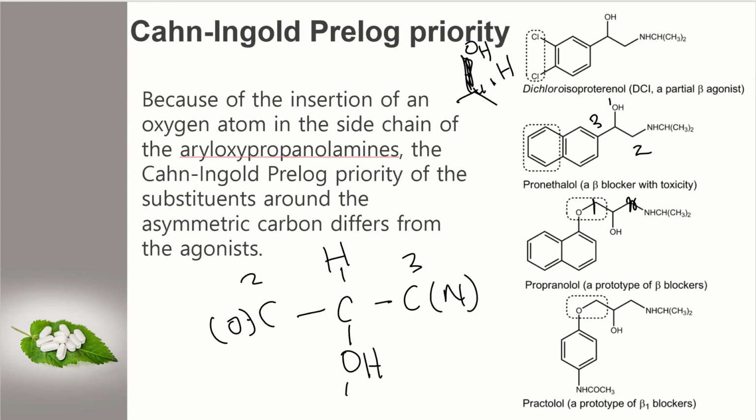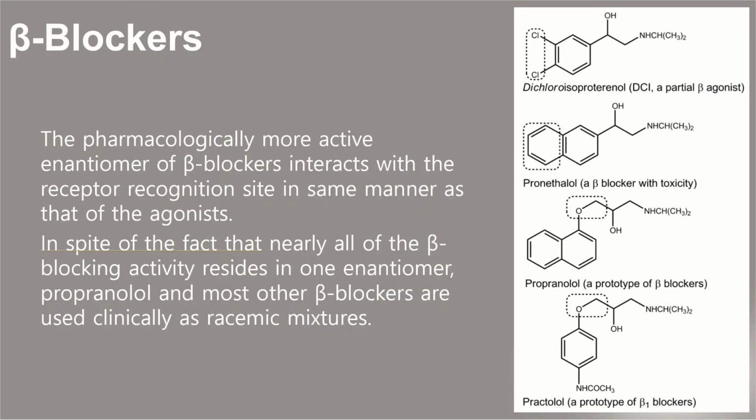All right, so just to reinforce what I was saying, because of the insertion of an oxygen atom in the side chain of the aryloxypropanolamines, the Cahn-Ingold-Prelog priority of the substituents around the asymmetric carbon differs from the agonist. The pharmacologically more active enantiomer of beta blockers interacts with the receptor recognition sites in the same manner as that of the agonist, right?